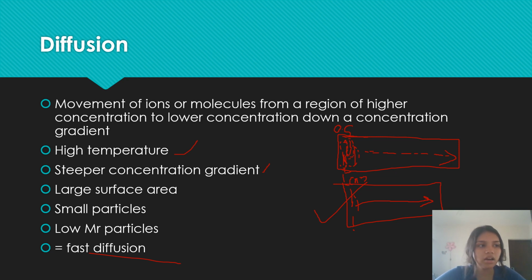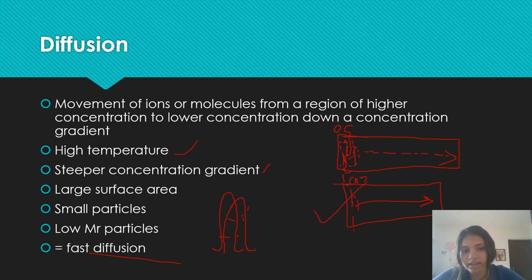Okay. Surface area. Now for surface area, I'm not going to explain this to you if you've not done bio. Supposing you know that the small intestine has villus or villi that absorb nutrients. Now, why does it have villi? To increase the surface area.